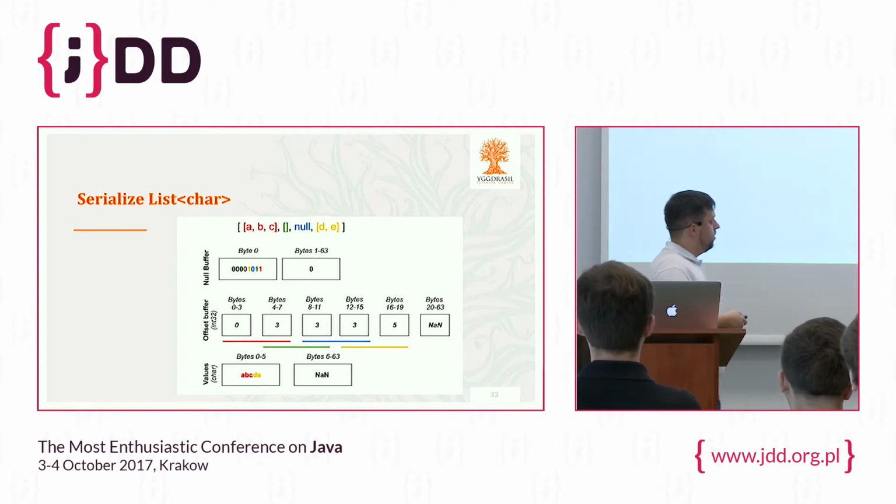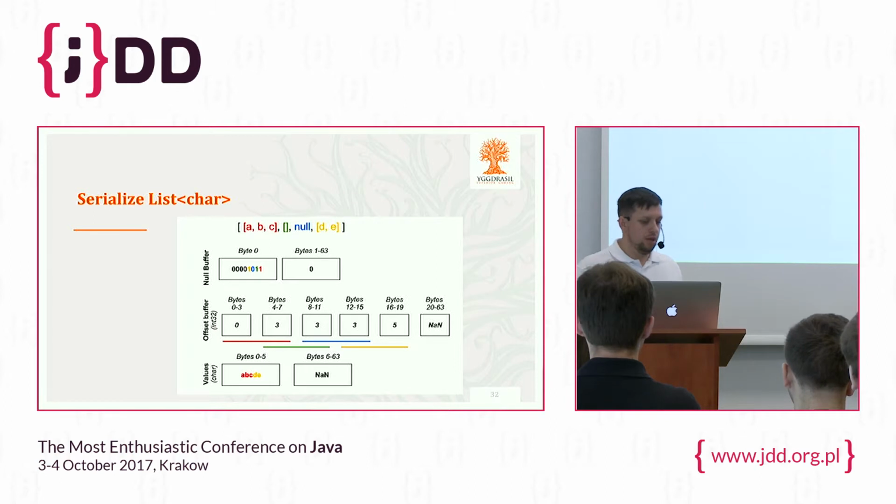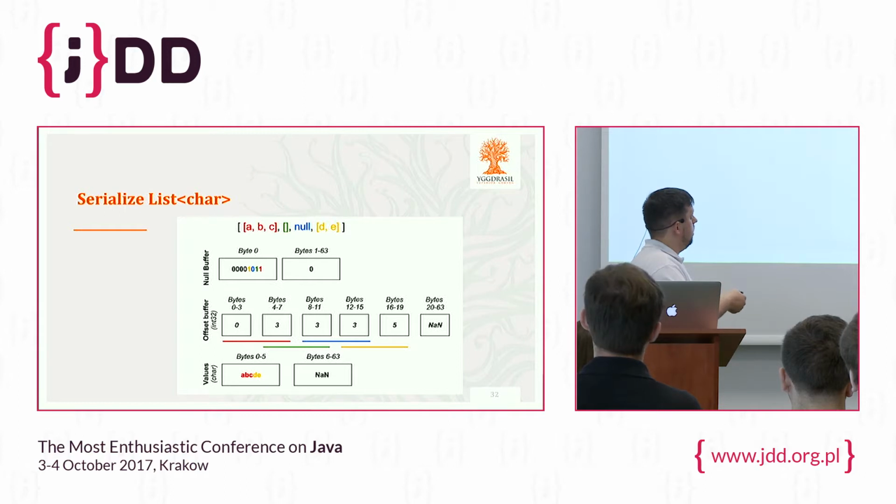All buffers in Arrow should be padded to 64 bytes, because it will be very useful for decoding this and utilizing modern CPUs. So as you can see, we need to store the information where we have nulls.